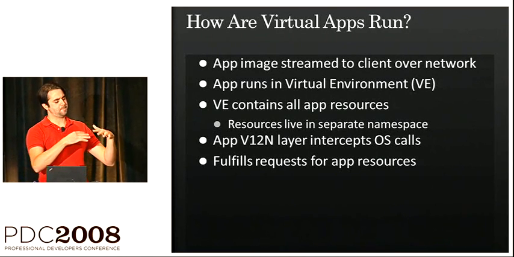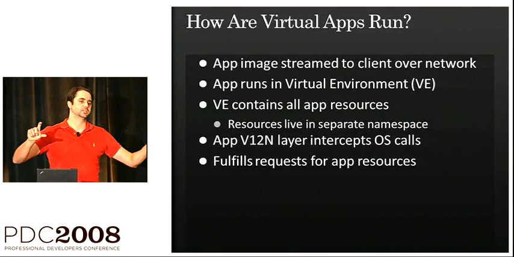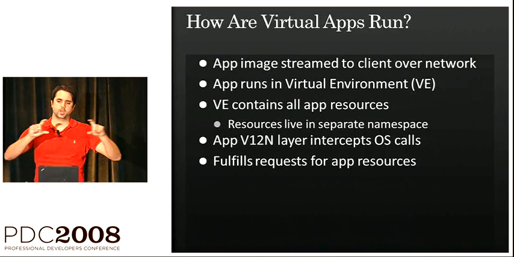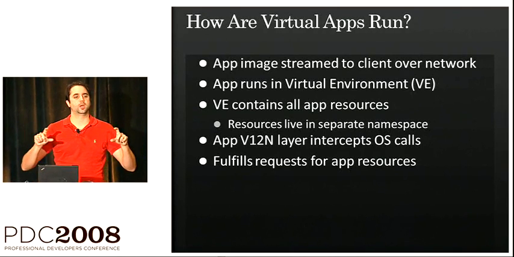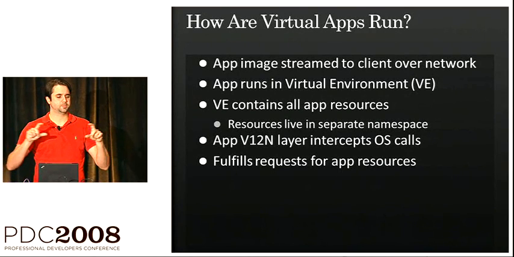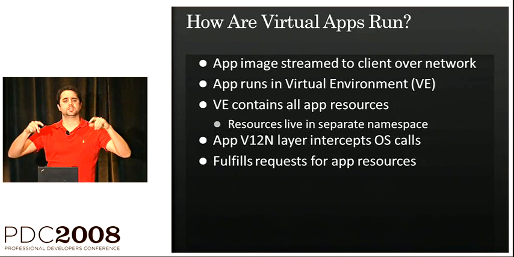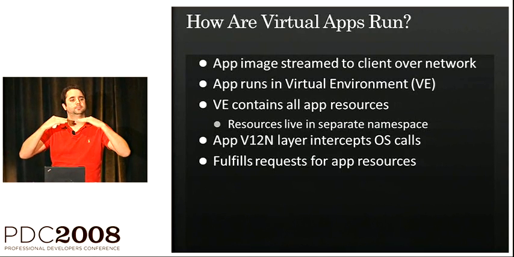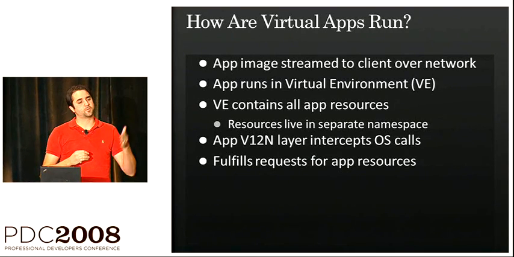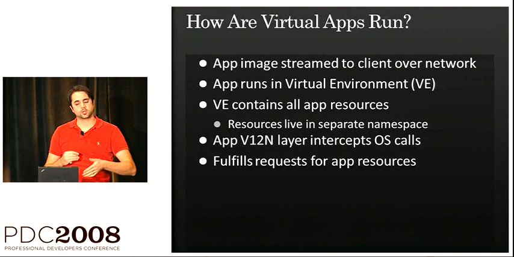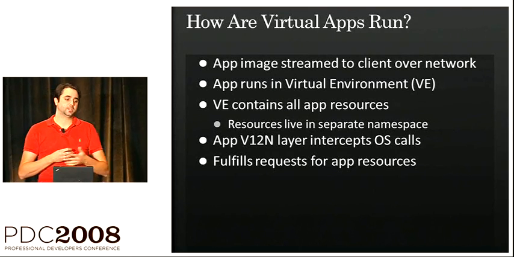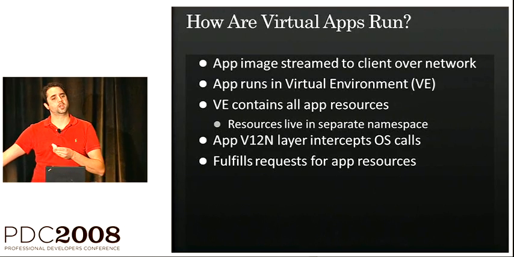The way it does it, if you think about it, you have your operating system. It has a file system, a registry, all those kinds of things, and all the code that works to make those things available. And you have the application. What App-V does is our virtualization layer sits in between, and all those OS calls first go to App-V. We look at the call and figure out: is it looking for a virtual resource or a native resource?